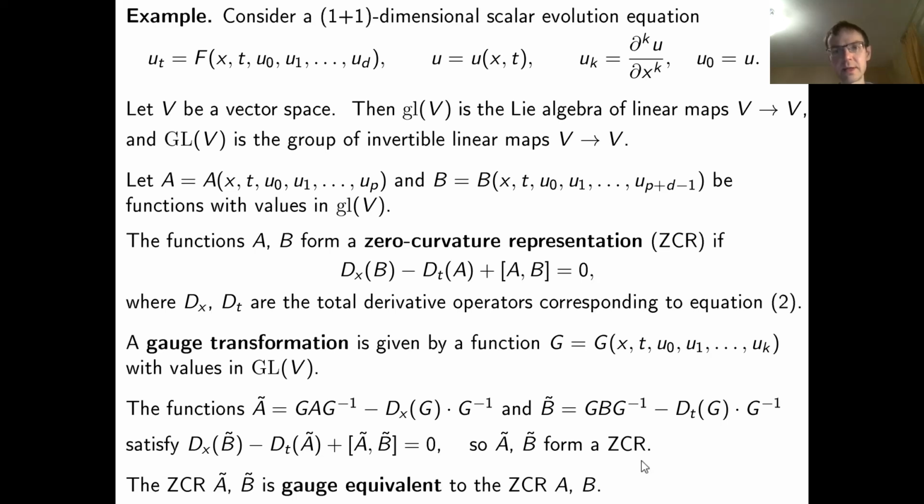It's easy to check that in this way we get an action of the group of all gauge transformations on the set of zero curvature representations of a given evolution equation.